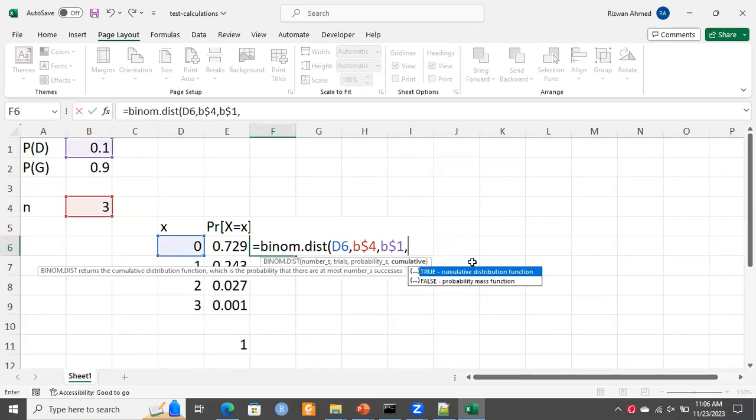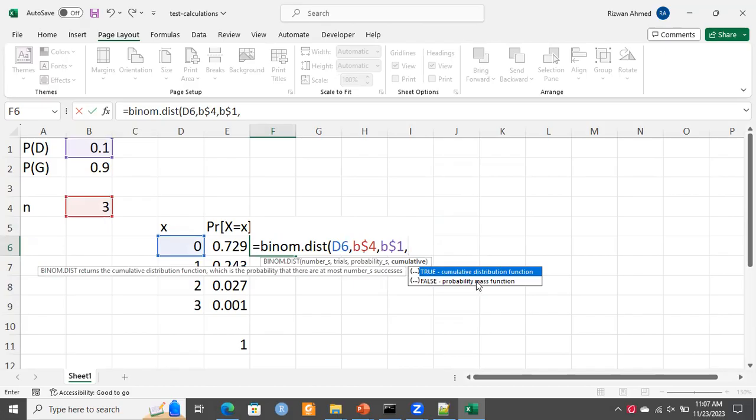Then there are two options. Whether you are interested to calculate the individual probability, which is the probability mass function, or you are interested in computing the cumulative distribution, right? In my problem, I have computed the probability mass function, the probability of an individual event, probability of 0 defective, probability of 1 defective, right?